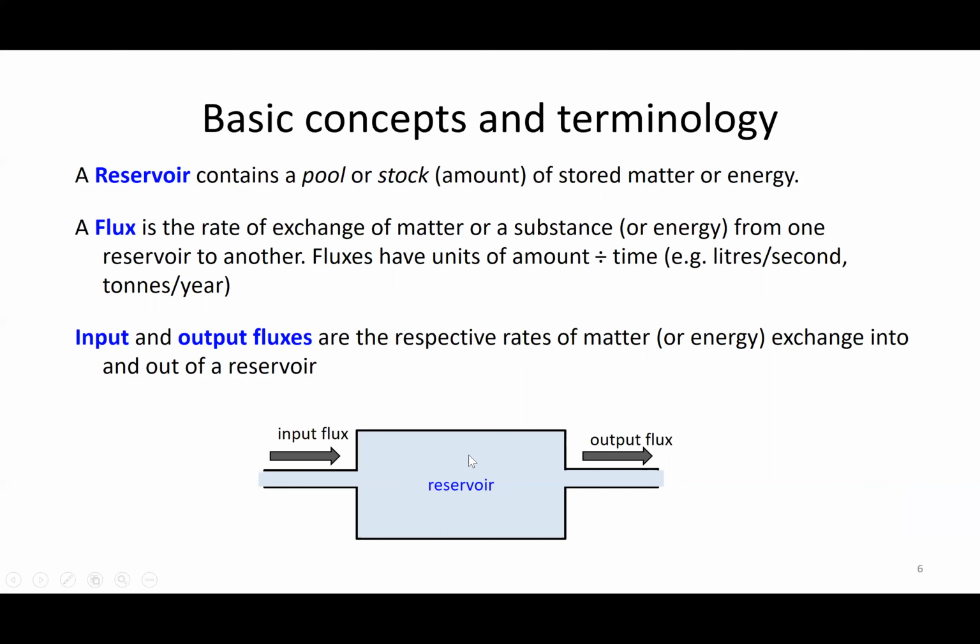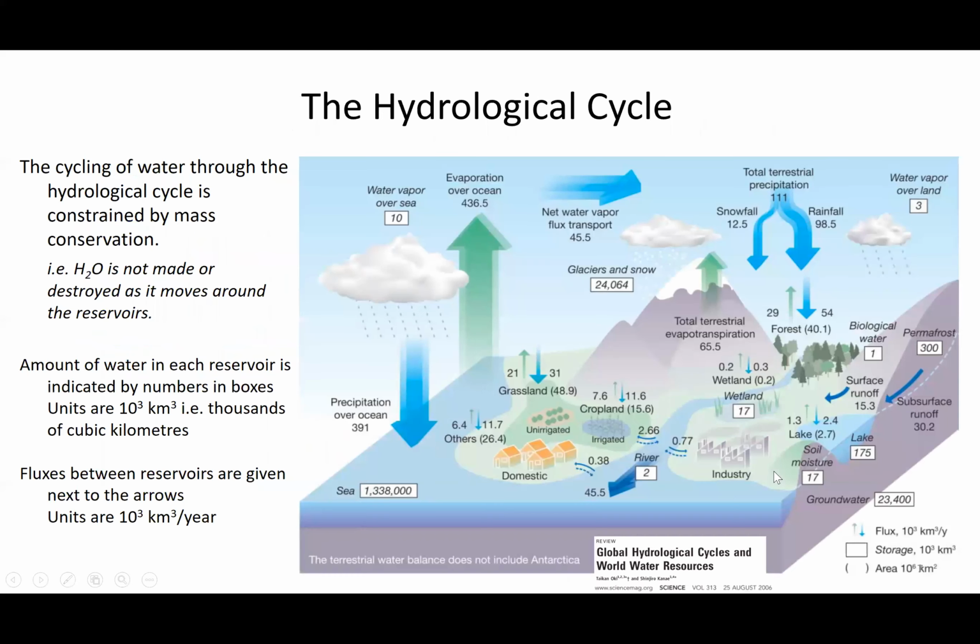So here we have a reservoir, like the ocean, and then we have an input flux. The ocean has water in it, and there will be an input flux into the ocean, and an output flux from the ocean of water. So water coming in, water going out. Okay, so homing in on the hydrological cycle.